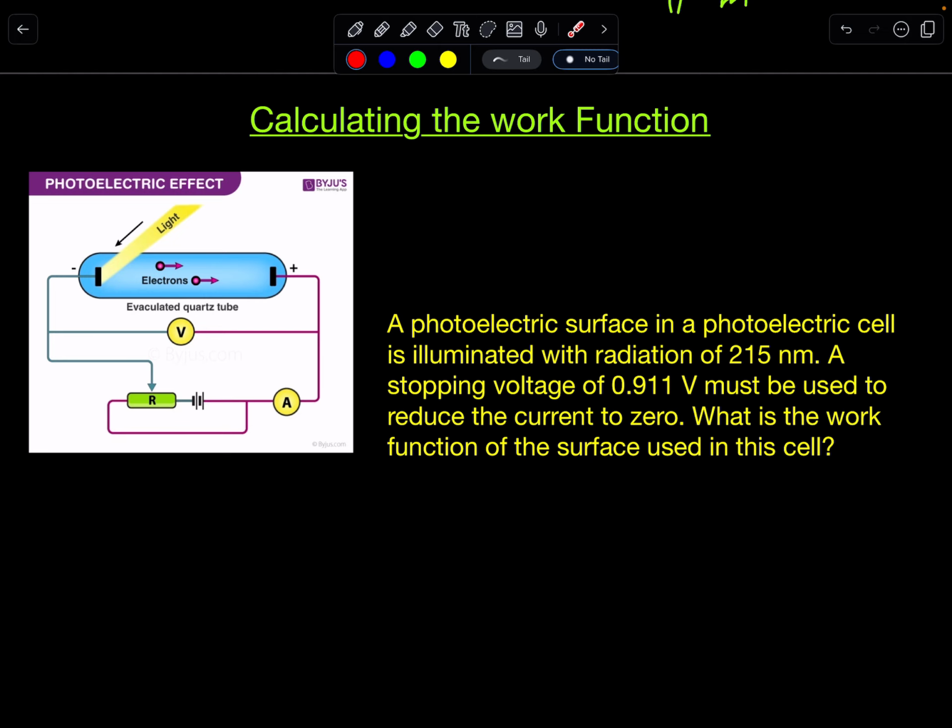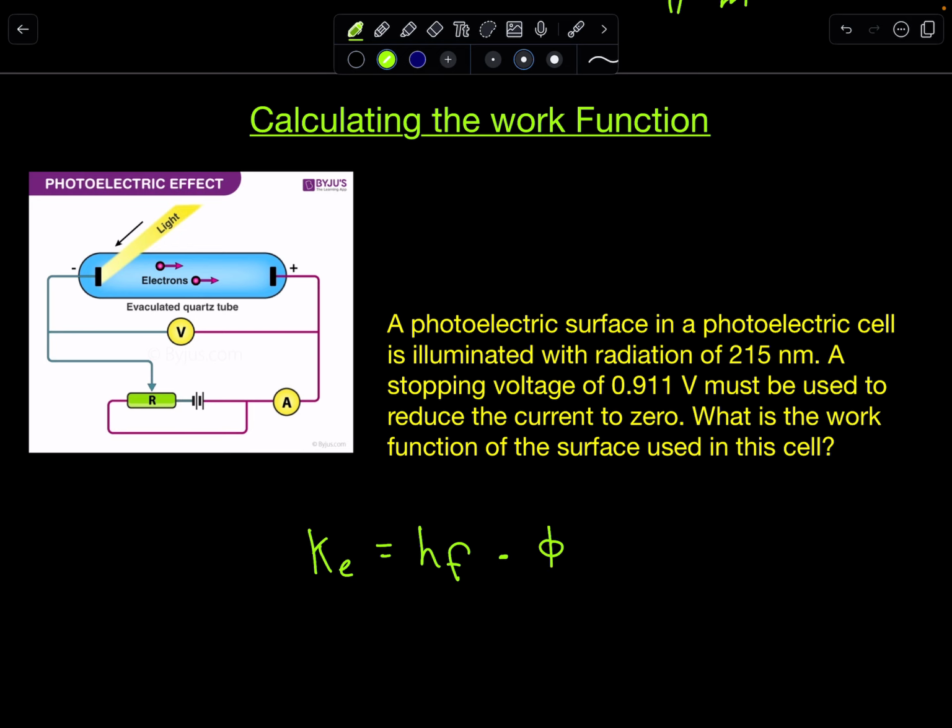In order to answer that, we first have to plug in a formula. The formula we had was that the kinetic energy of the electron that is emitted is equal to h times the frequency of light being used, minus the work function.